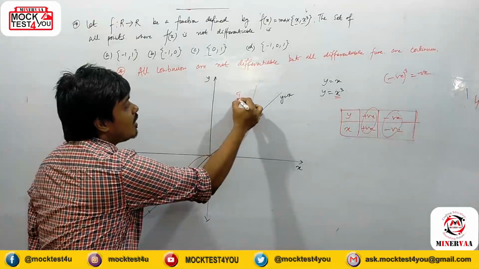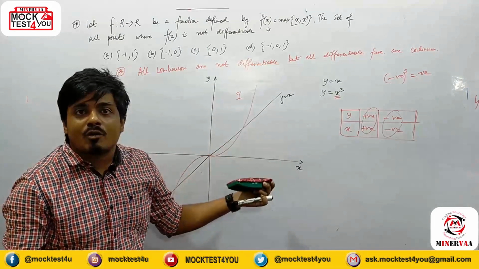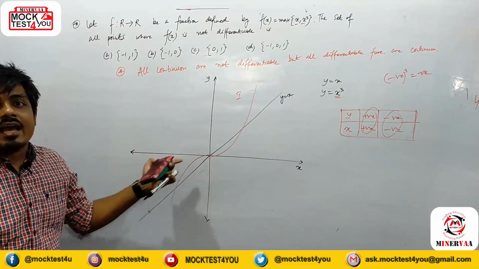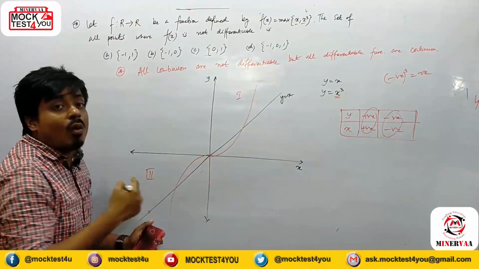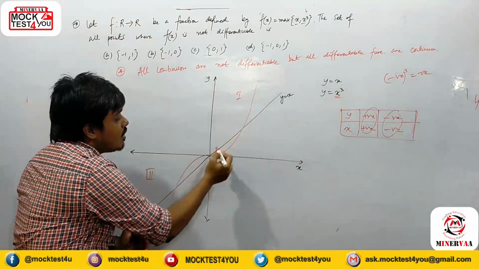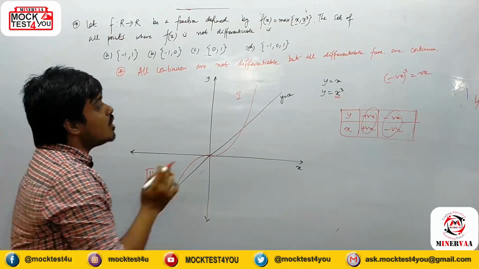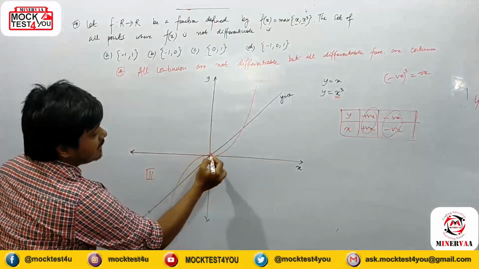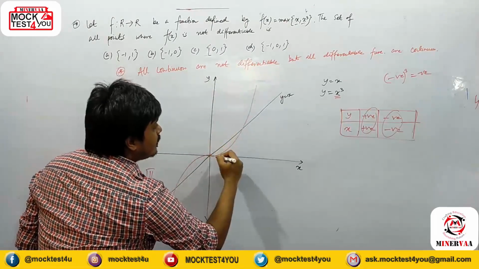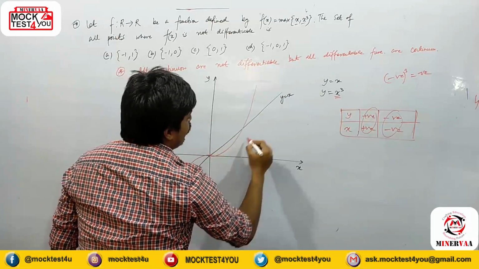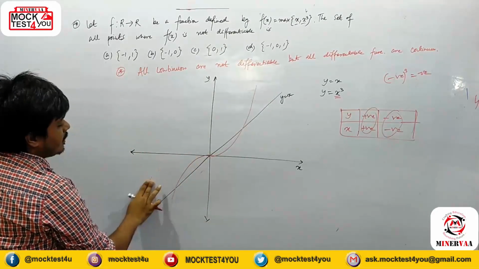In the first quadrant x and y both are positive, and in the third quadrant x and y both are negative. That's why the graph of y is equal to x cube will lie in the first and third quadrants. Understood? Clear? So that's how I draw it. And this graph will be a little bit towards y than the parabola one. If the parabola is like this, the graph will be shifted towards this direction, towards y. Understood?